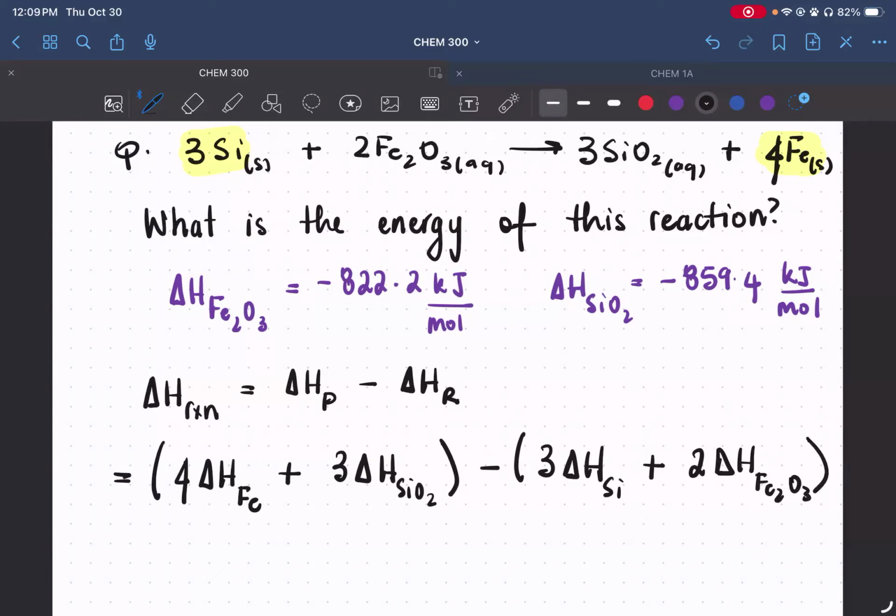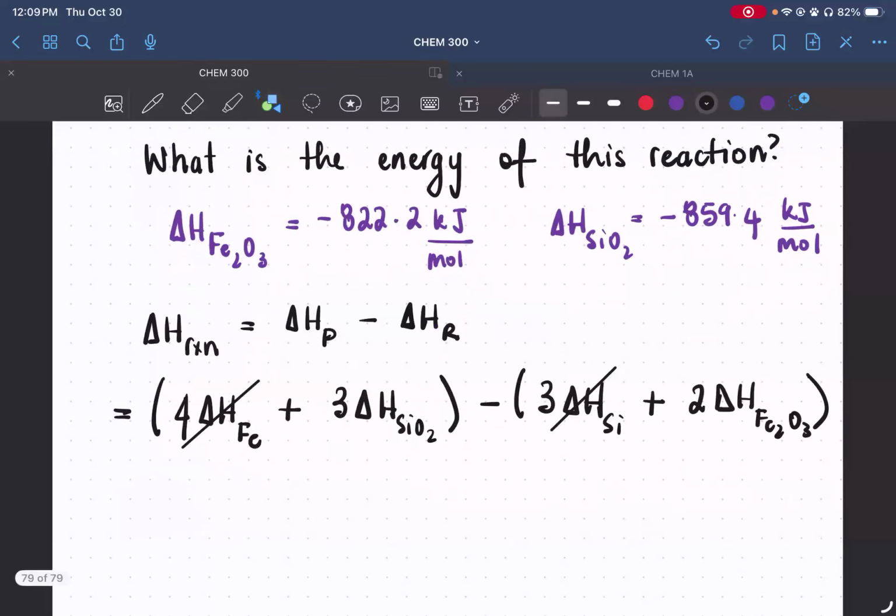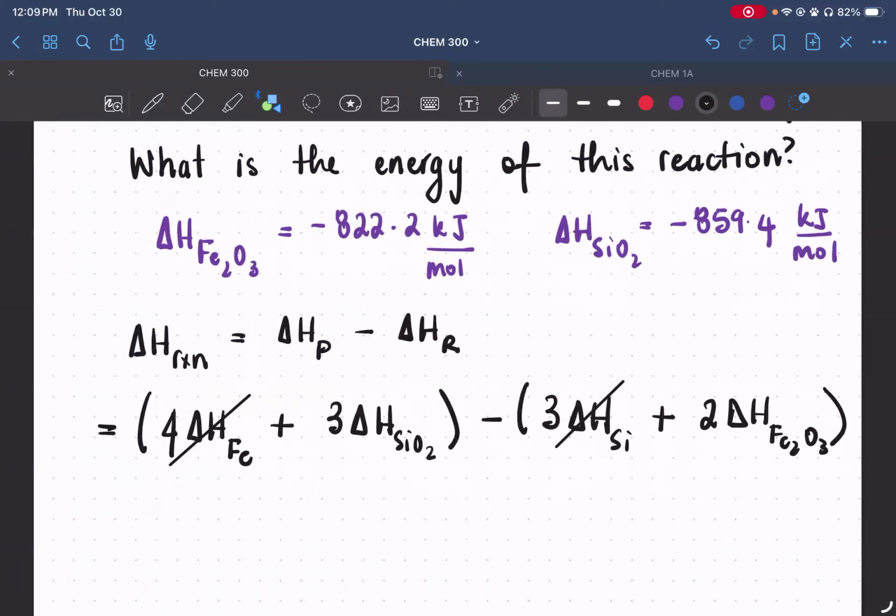Now that we have the full equation, we can start plugging stuff in. Remember what we pointed out. We pointed out that the elements, silicon and iron, are just elements. So they do not have an energy associated with it. So we can just immediately cross those two out. Not even going to think about it anymore. With that in mind, we can then complete the equation.